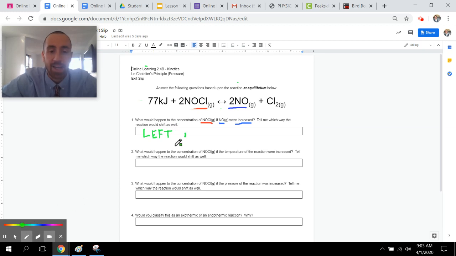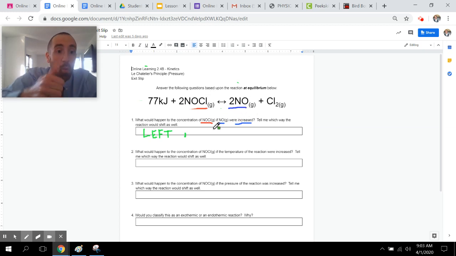A lot of you guys are not really answering the question. This happens every year. So if we add more NO, we wanted to know 2 things. What way would it shift? We know it's going to shift to the left. What's the other thing this question is asking us about? It wants to know what's going to happen to the concentration of NOCl. What's going to happen to the concentration of this reactant?